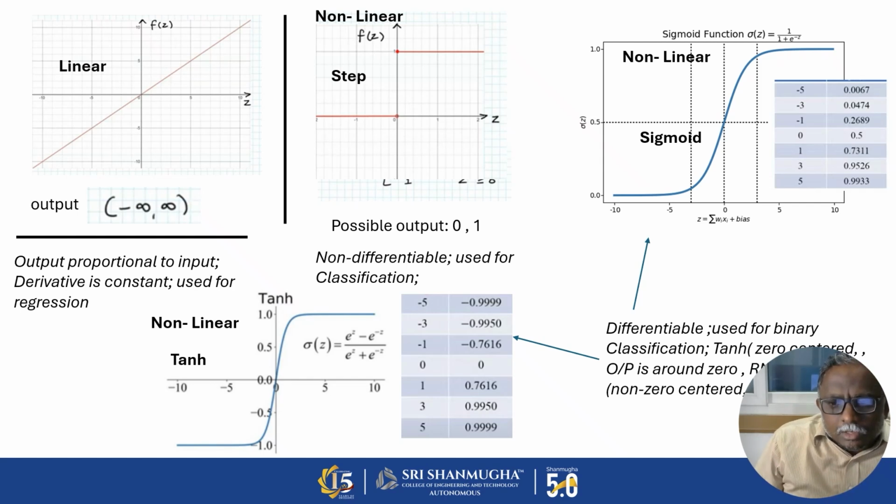And what is the vanishing gradient problem? In backpropagation, as we try to update the weights, the gradients become very small, and then the neural network system will not be able to learn anything. When you have a high gradient, what happens?